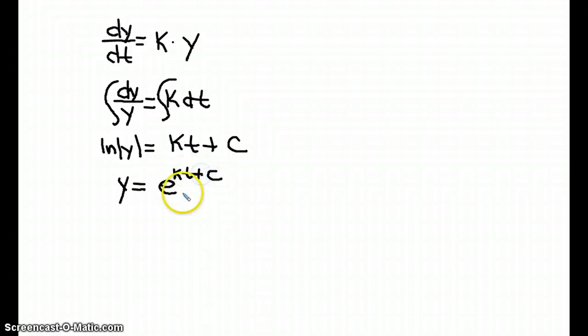We talked about this a little bit yesterday, for those of you that saw. In this problem, if you have an addition in a power, that came from a multiplication problem. So this came from y equals e to the kt times e to the c.